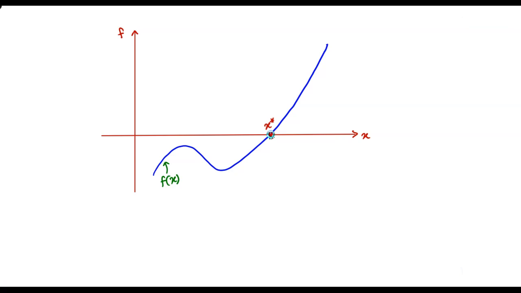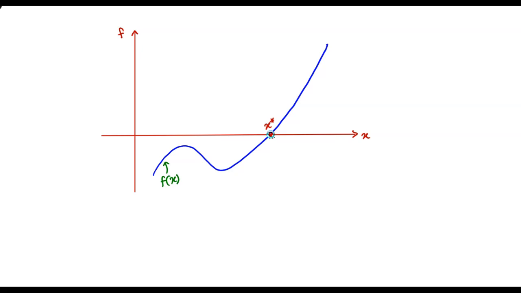But in the Newton-Raphson method, the first thing we need is an initial point to start with. Assume that value to be x naught. Basically we can choose any value to start with.